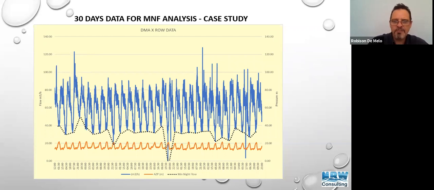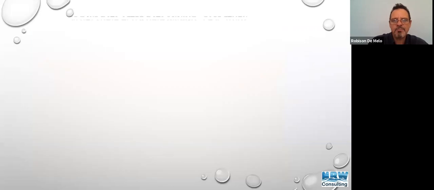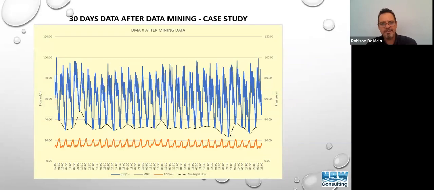So to really evaluate that, we have to mine it. We have to start mining this data, okay? And then after mining this data, we have a graph like that, showing the minimum night flow a bit more stable. But during 30 days, we have situations of up and down in the area.